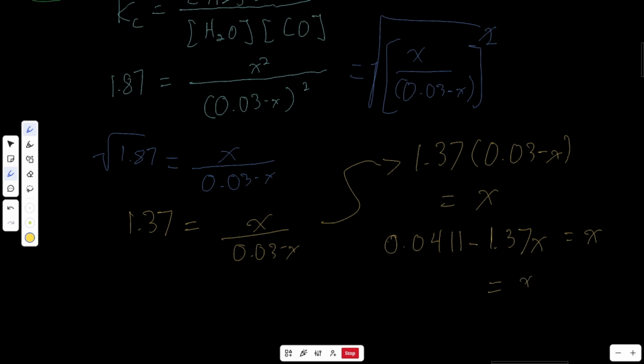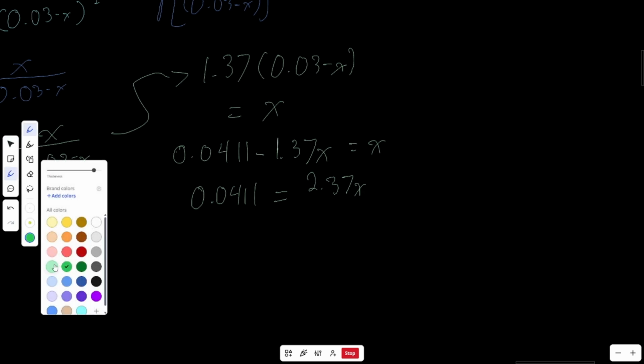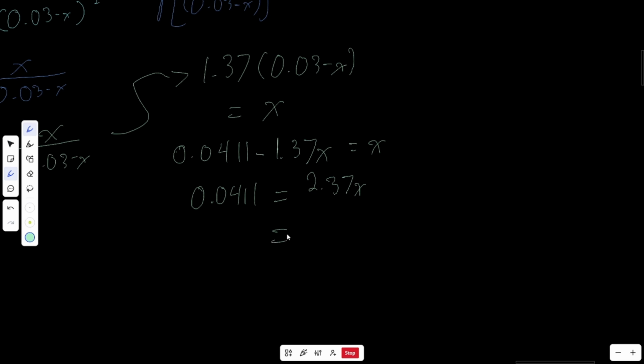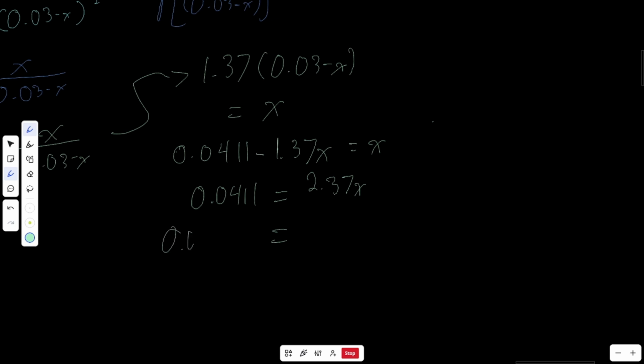Isolating the x's, we'll have x plus 1.37x, or just 2.37x, is equal to 0.0411, and we divide both sides by 2.37. This will leave us with an x of 0.0173, and there, that's our x.